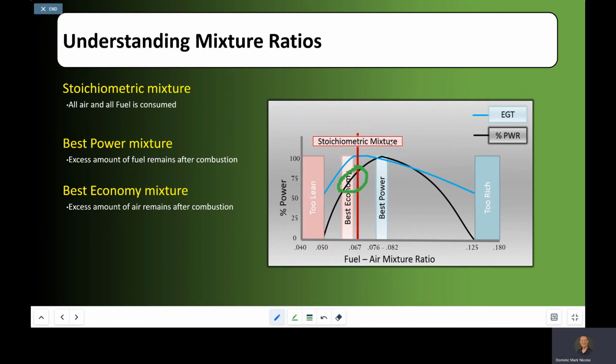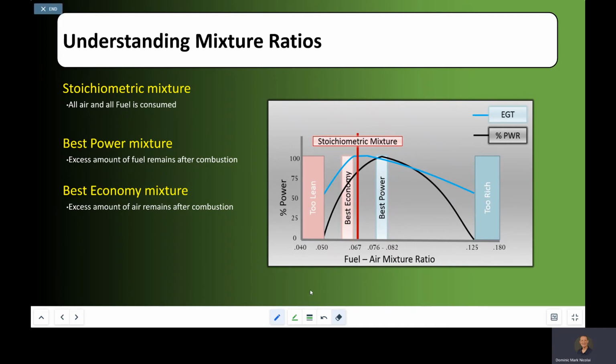Engines do run hotter that way, but you're not burning as much fuel anymore. You're losing some power from it. So now you're at the best economy setting. And that's the setting where you still get a good amount of energy out of the engine without overheating it. So if you're in a situation where you've got to stretch out the endurance of the aircraft because you're fuel critical, you've got to go to best economy to do that.